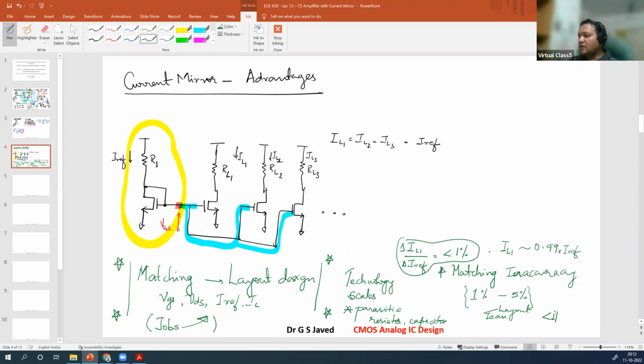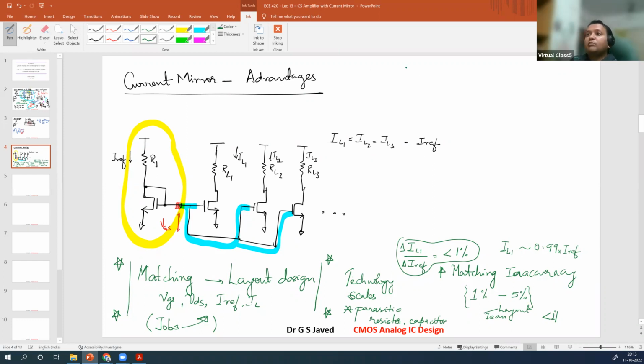It has to be absolutely close. Yes, practically getting this to be exact will be difficult, but you have to try, you have to find out the maximum techniques and do it. And this is the one advantage of having current mirrors, and many MOSFET current sources can be designed.